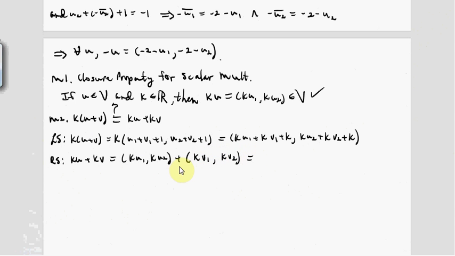Now I add the two vectors based on how vector addition is defined up above. So this is k u sub 1 plus k v sub 1 plus 1, comma, k u sub 2 plus k v sub 2 plus 1. The left side does not equal the right side. Right?